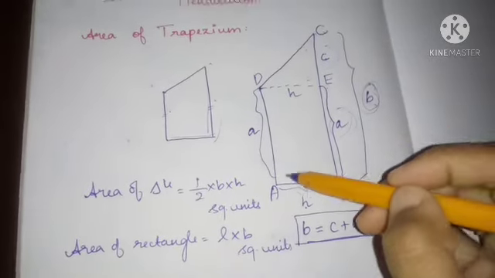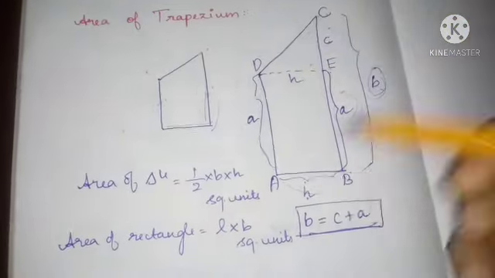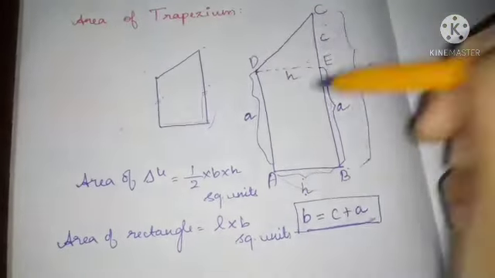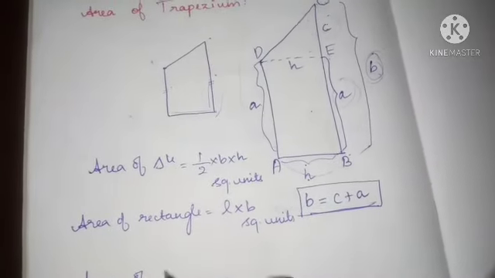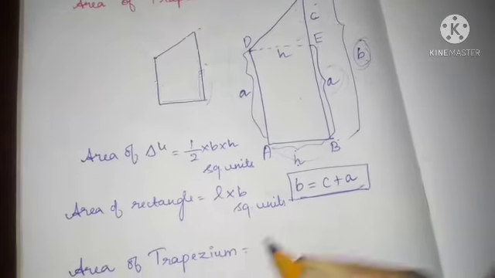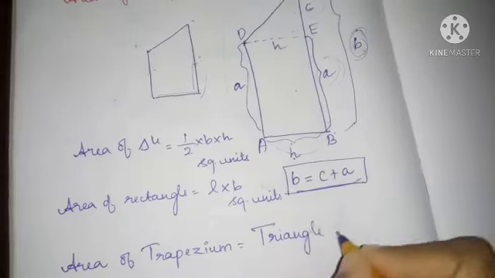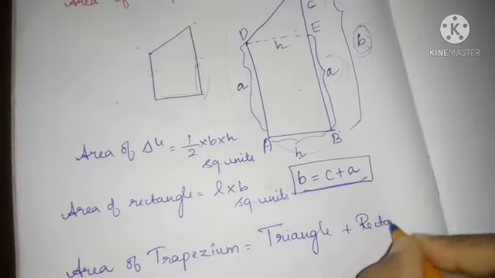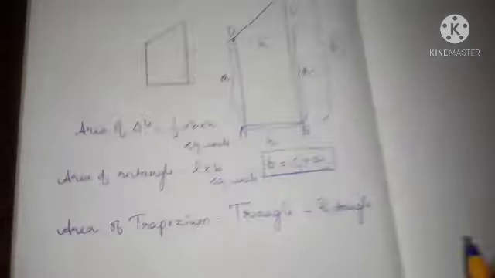So when you want to find the area of this trapezium fully, you should add the triangle and rectangle, correct? Area of trapezium is equal to area of triangle plus area of rectangle. Both areas you should add.